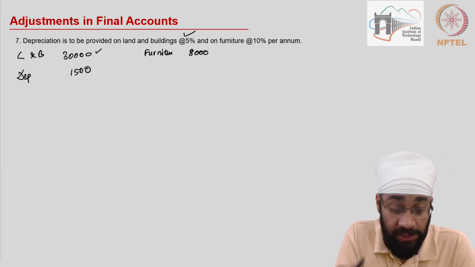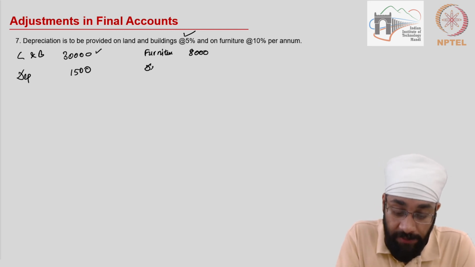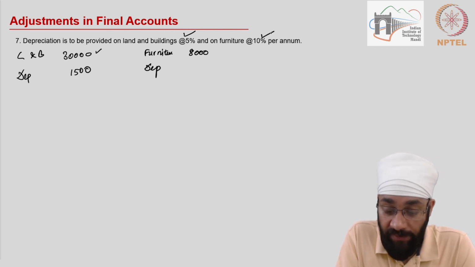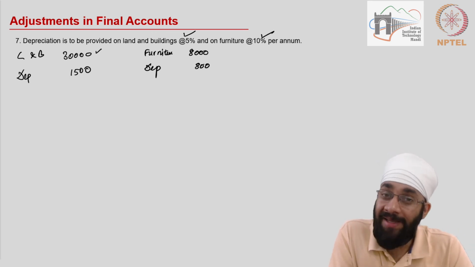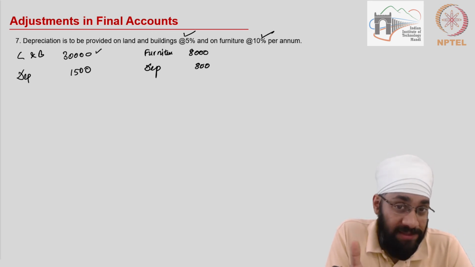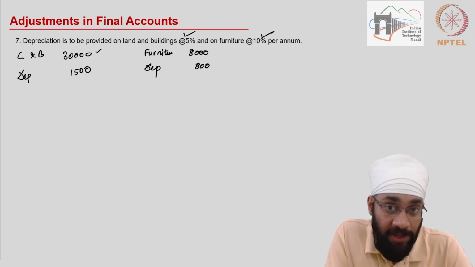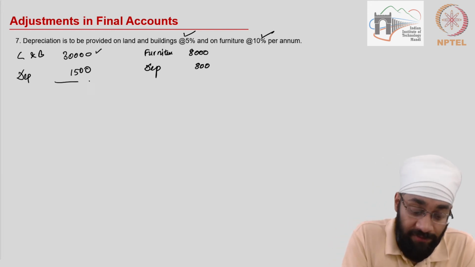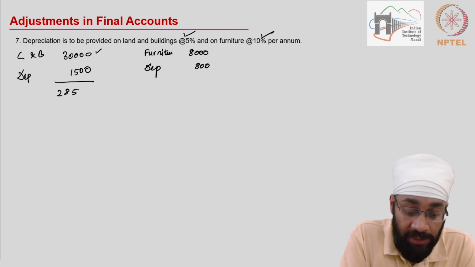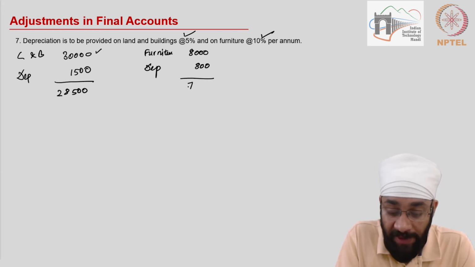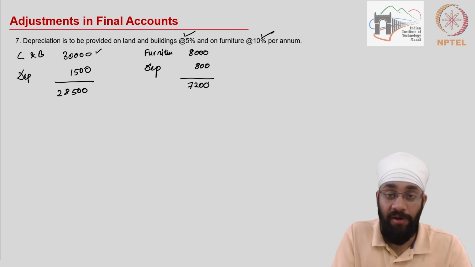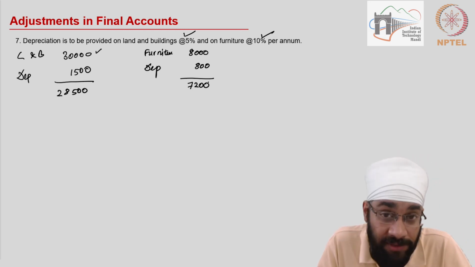You have to show this as an expense. At the same time, for furniture, you have 10%. So there you go. Therefore, at the end of the year, the balance in the land and building is not 30,000. In effect, the balance is 28,500. And for the furniture, the balance is 7,200 and not the 8,000.